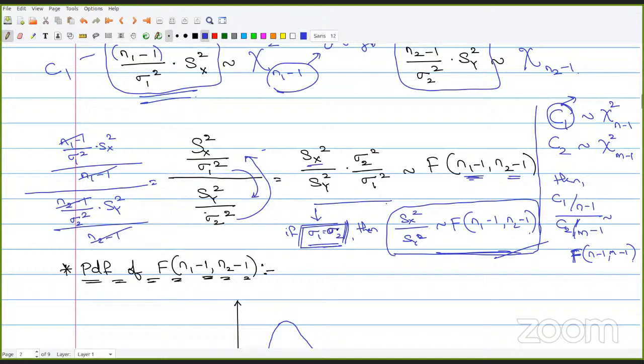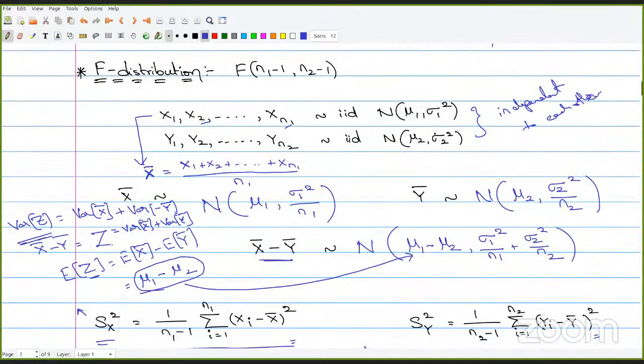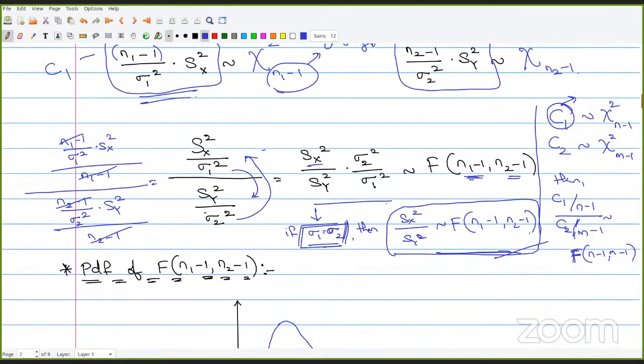Just understand it like that: if sigma 1 and sigma 2 are equal, so the variances of the two distributions are equal, then the division of the two sample variances will follow the F distribution with parameters n1 minus 1 and n2 minus 1.